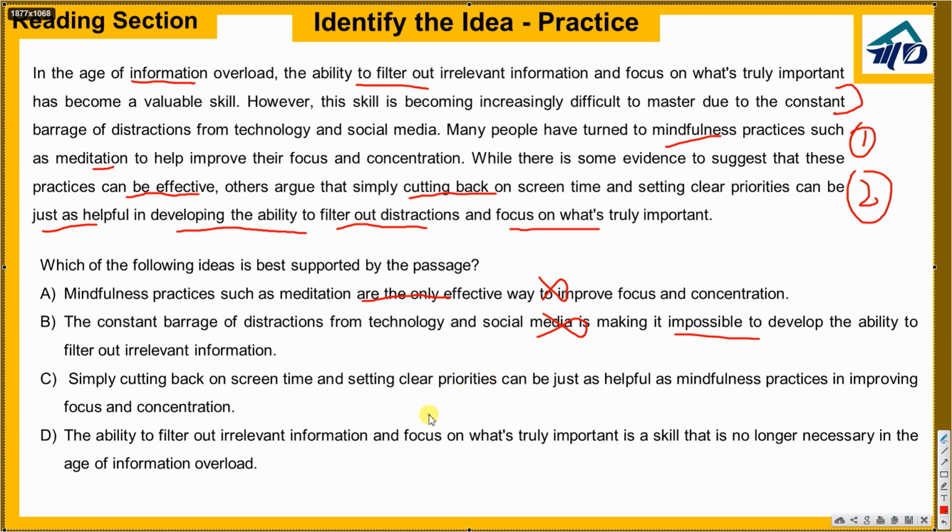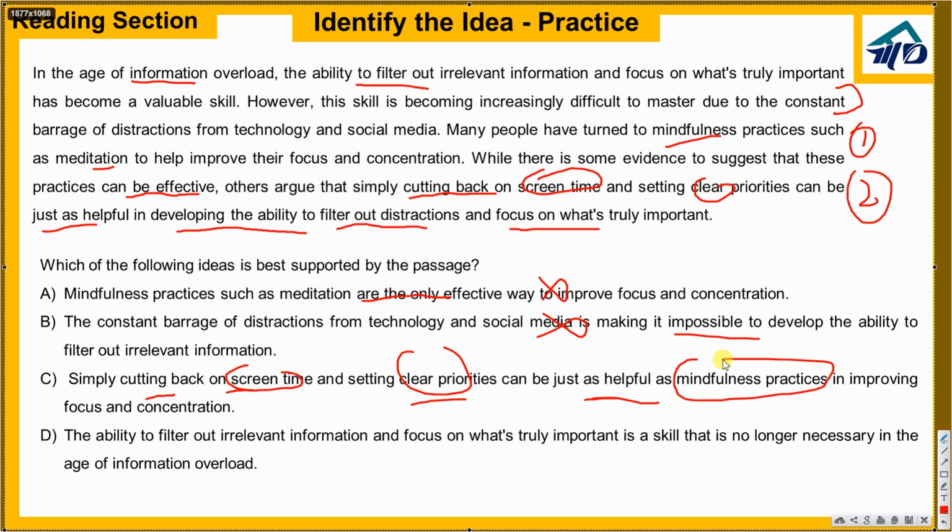Okay, then coming on to your third one, simply cutting back on screen time and setting clear priorities can be just as helpful as mindfulness. Yes. Now, what is the solution given in the passage? You reduce your screen time, it is mentioned here. Then clear priorities, it is mentioned here, and they have written as helpful as mindfulness practices.